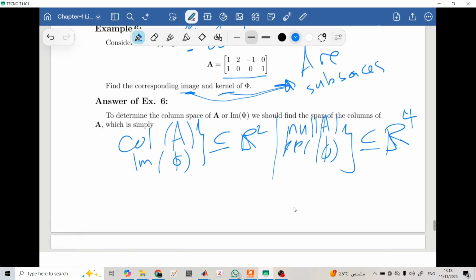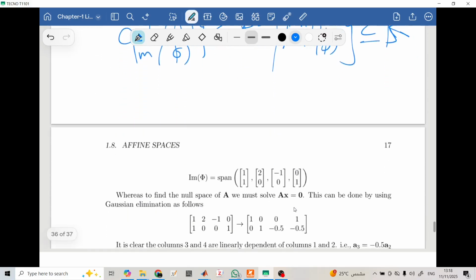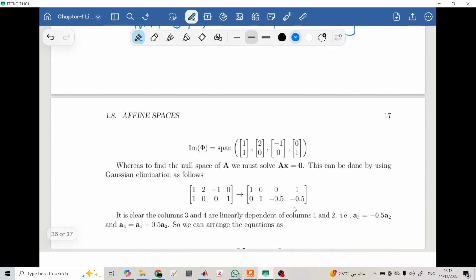Okay, as we said earlier, the image of phi is the span of the vectors. Now we need to make a distinction here.